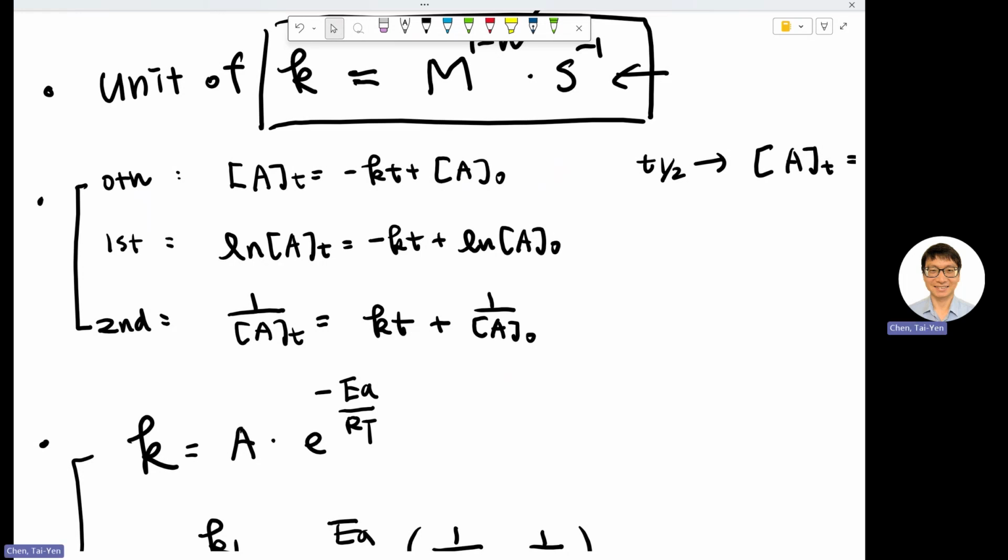Okay, so all these three are linear equations, right? Where you can consider this as y, and t is your x. You can consider this as y equals negative kx plus b, right? The same thing here.